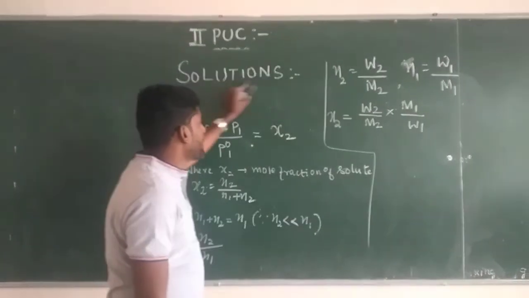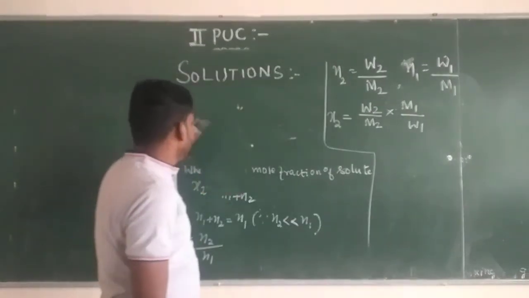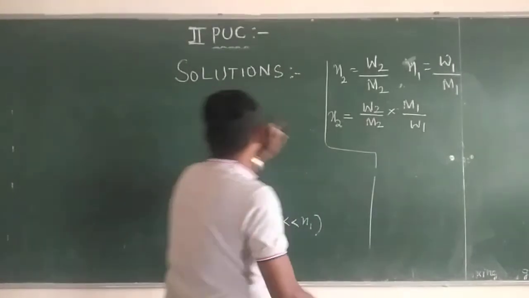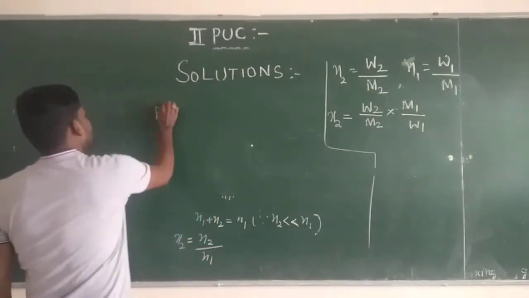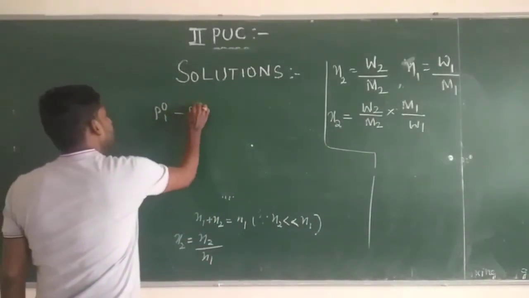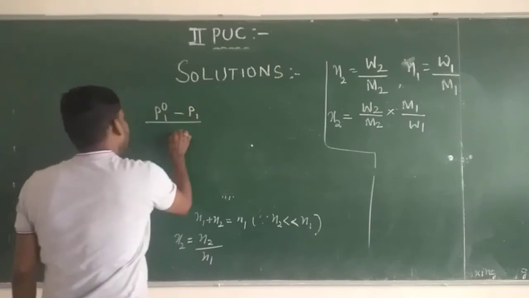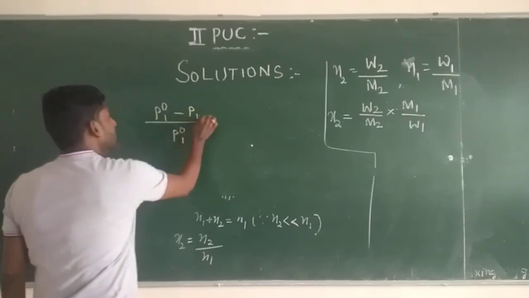So the relative lowering of vapor pressure can be written as (P01 minus P1) divided by P01 is equal to X2.